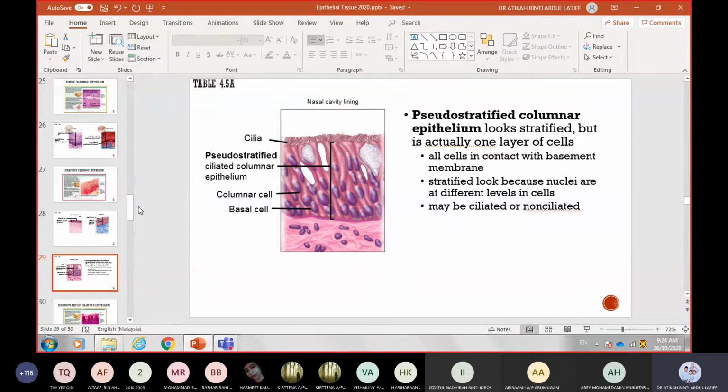Meaning, for stratified, not all cells touch the basement membrane, right? But for here, all cells touch the basement membrane, but they are oddly shaped. So they look like they are different layers, but actually there's only one layer. This is called pseudostratified. This is, for example, in the nasal cavity lining.